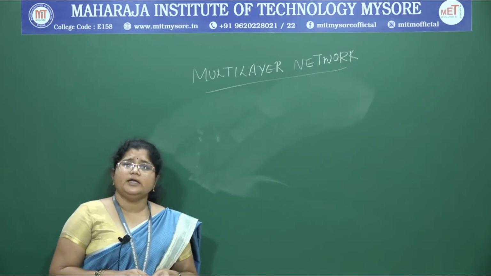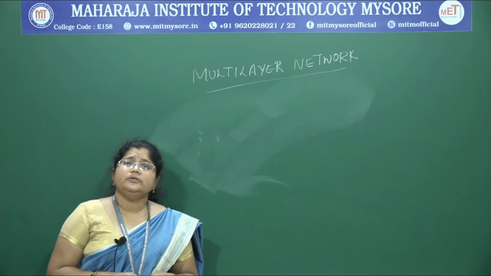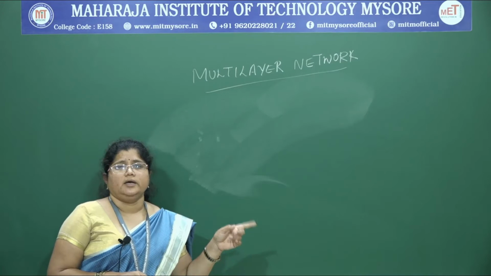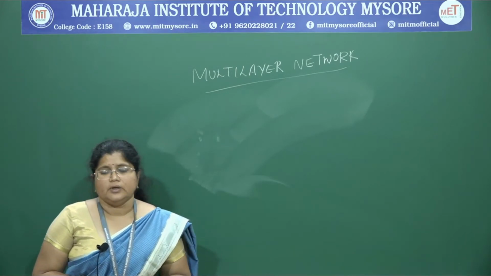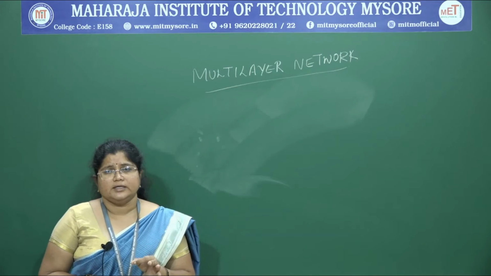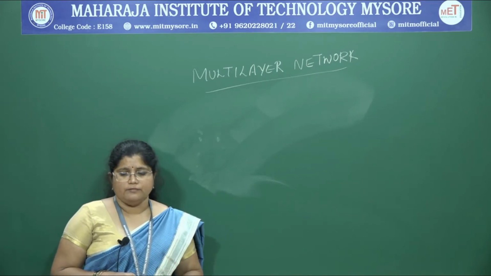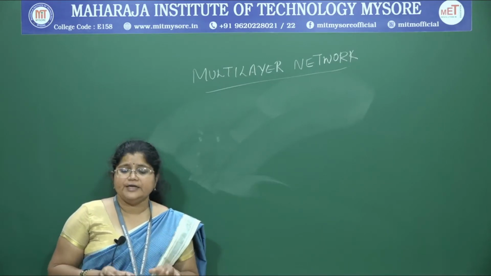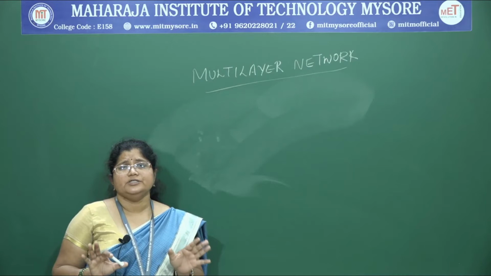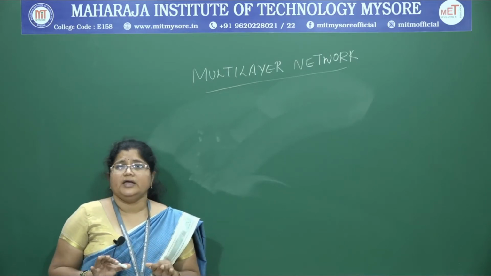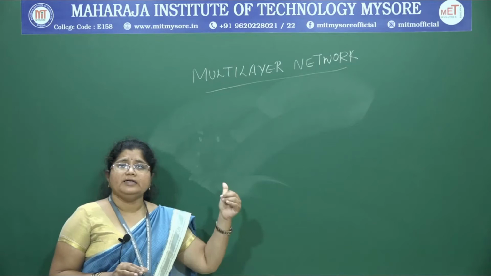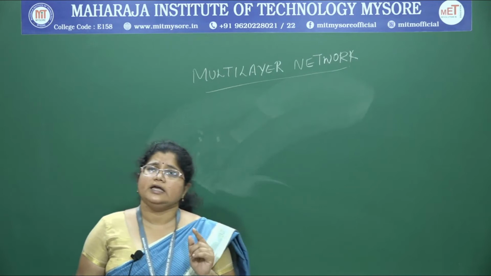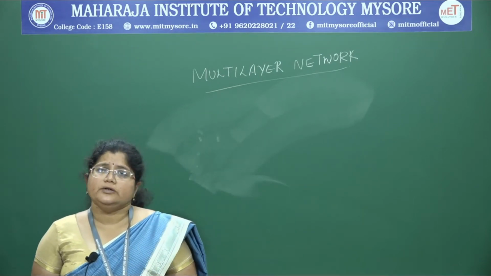When we consider the multi-layer neural network, we are supposed to learn the backpropagation algorithm, which is capable of representing a variety of non-linear decision surfaces. That is the main importance of the multi-layer neural network.